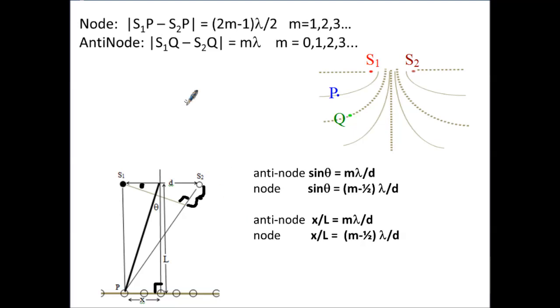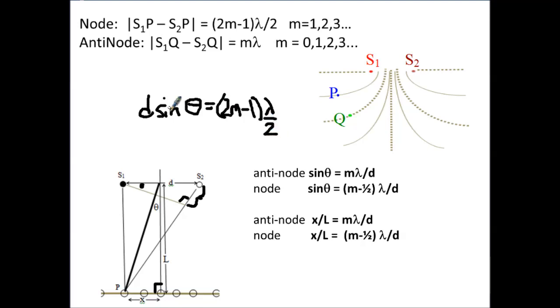Okay, so what we have is d times the sine of theta is equal to that path difference, which we've already worked out needs to be an odd number of half wavelengths. I've written it differently here. But that's an odd number of half wavelengths, so this is 2m minus 1, an odd number of half wavelengths.